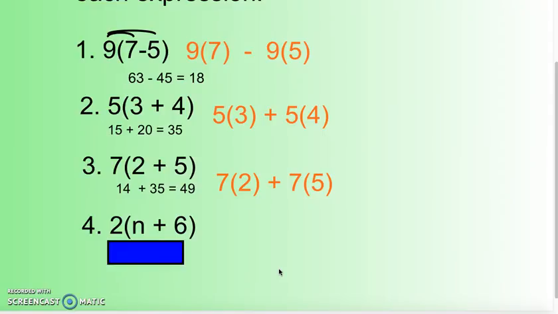The wonderful thing about distributive property is it helps us, especially with really large numbers, to break it down and do smaller multiplication problems. Because sometimes within these parentheses, we have really large numbers. Like for instance, when we did order of operations, we found that sometimes inside parentheses, we have powers, and powers give us really large numbers.